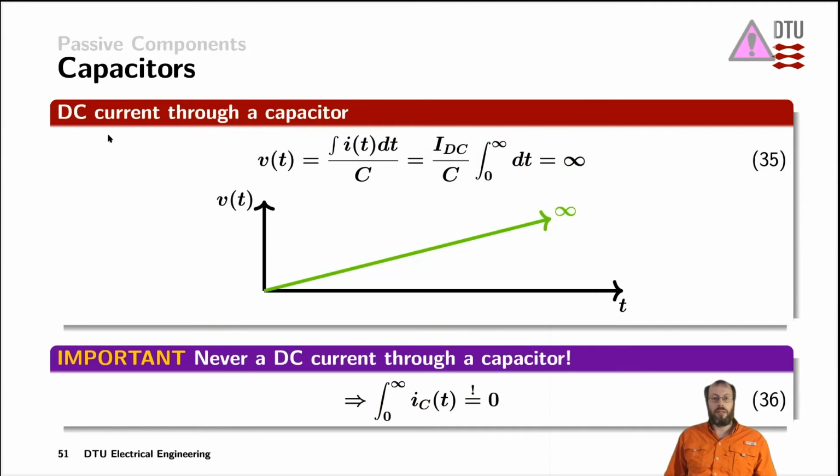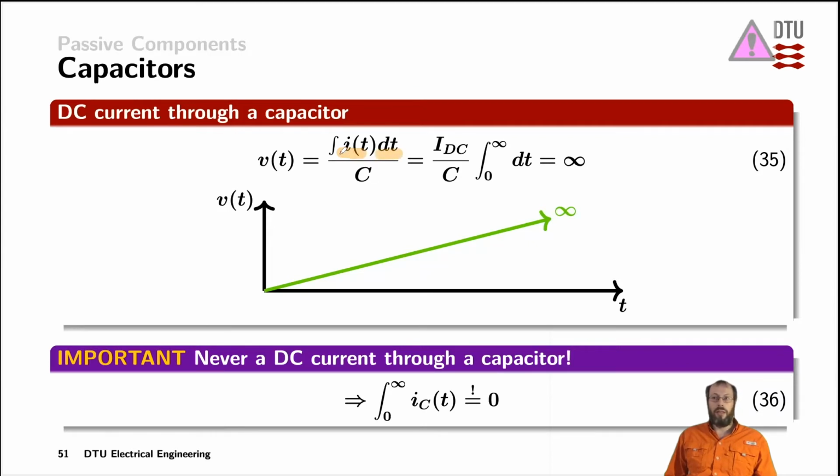Having a DC current through our capacitor would be equal to having a big hole in our dam. So we would actually lose all the charges, all the water molecules that we're trying to hold back with the dam. And that is because the voltage across the capacitor is the integral of the current through the capacitor over time.